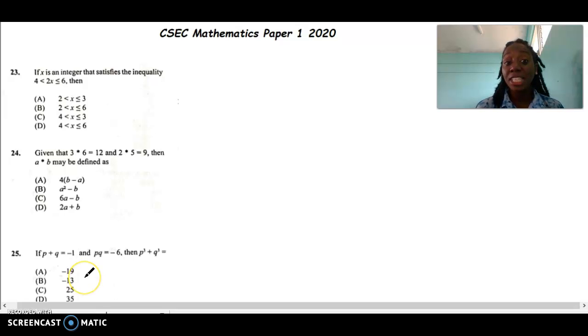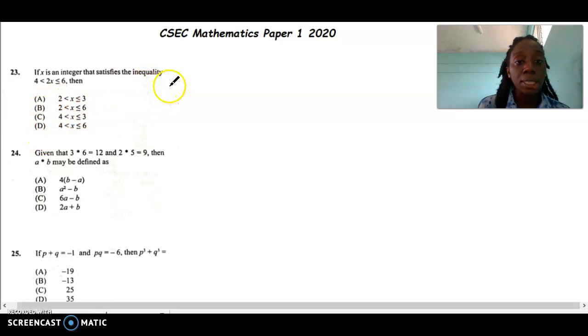Question 23 reads: if x is an integer that satisfies the inequality 4 is less than 2x, and 2x is less than or equal to 6, then I have 4 options.